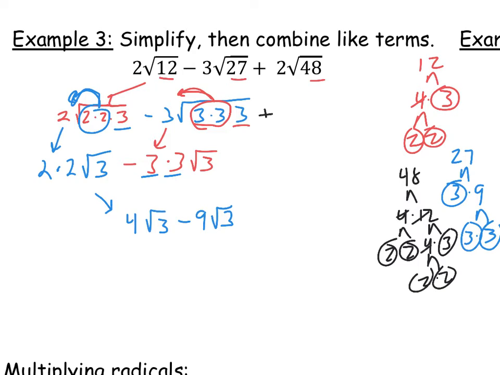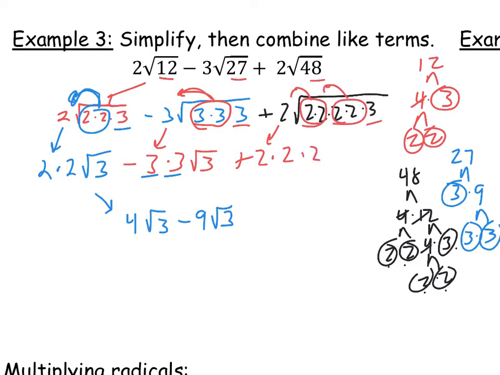So plus 2 square roots of, looks like 1, 2, 3, 4 2's and a 3. What can we take out of there? Well, 1 pair of 2's. Now there's a 2 out there already, this 2. So a pair of 2's becomes a 2 on the outside. Another pair of 2's becomes another 2 on the outside. Then you got that 3 left over.